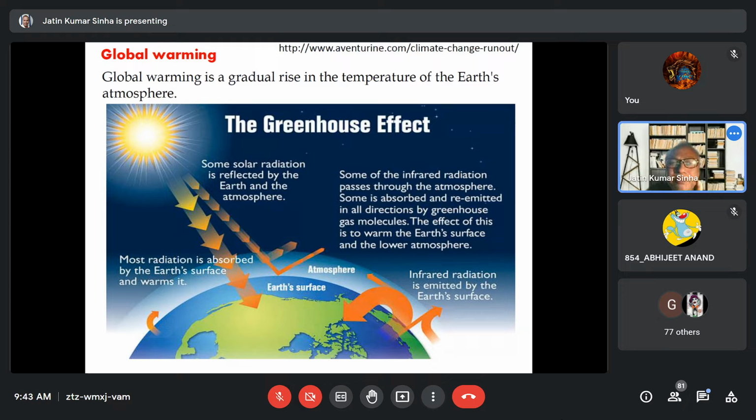So we are trying not to release, or to reduce, the consumption of natural gases.